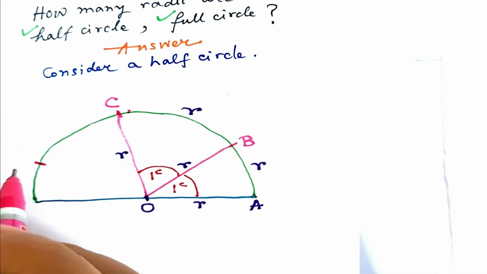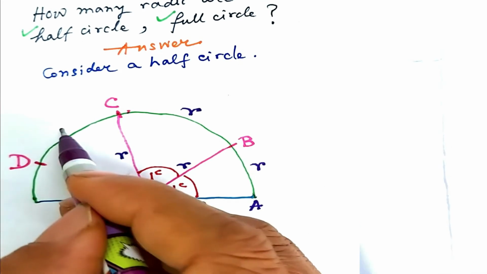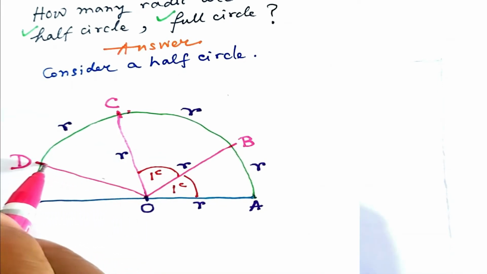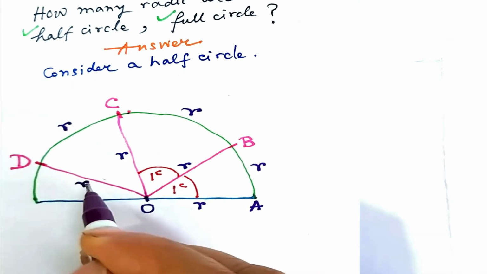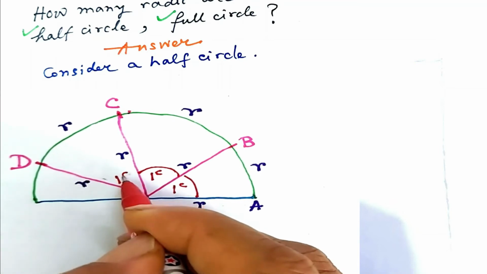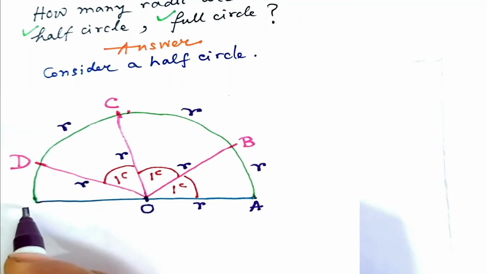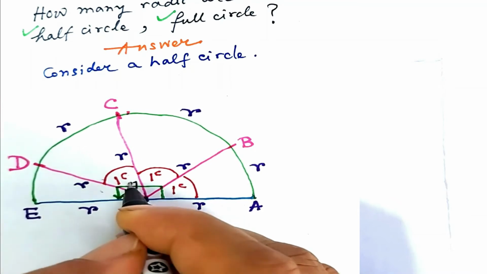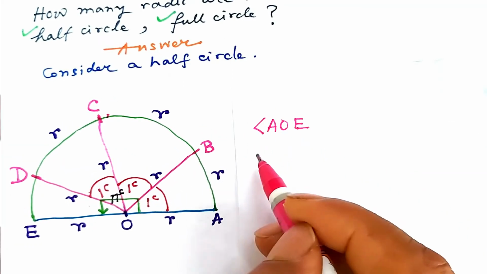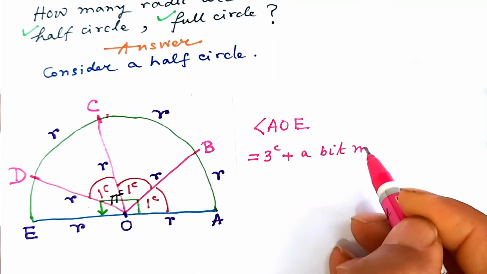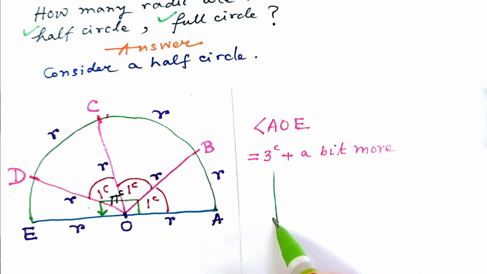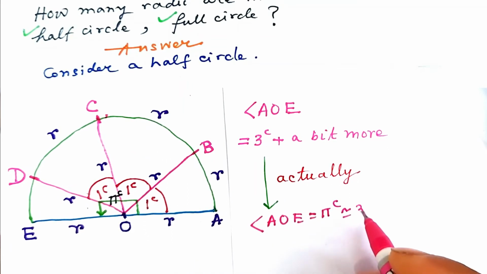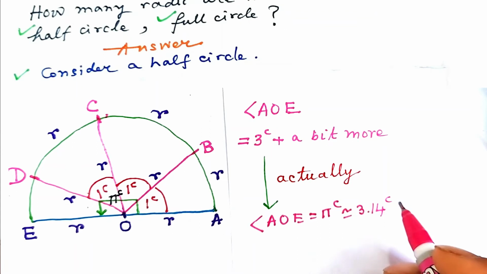Let us mark this point as D such that arc length CD is the same as the radius R. Join OD, which is R, the radius. So the angle COD is 1 radian. This endpoint is, say, E, and this angle is pi radian. Angle AOE is 3 radian plus a bit more. Actually, angle AOE equal to pi radians, which is nearly equal to 3.14 radians.